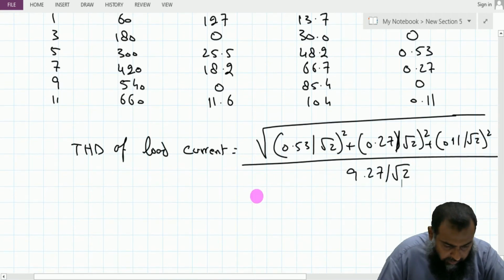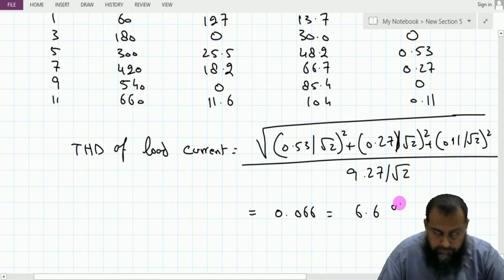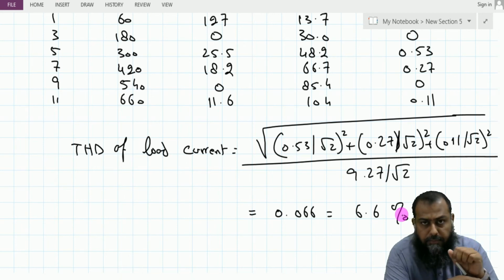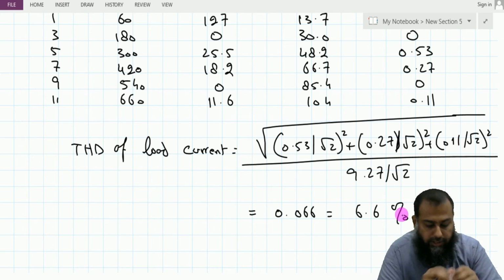So that turns out to be equal to 0.066, or that is equal to 6.6%. So we have effectively reduced the current harmonics from the system by simply putting this alpha equal to 30 degrees.